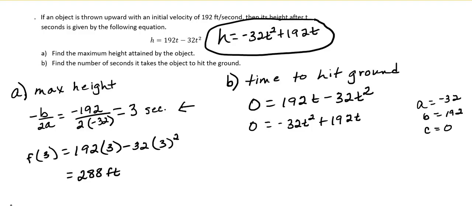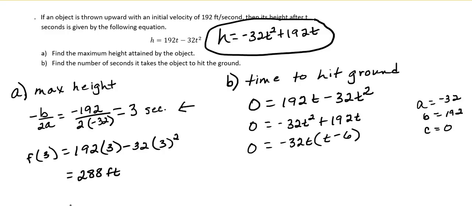But what I'm going to do here is I'm going to factor out a greatest common factor, and I can use my calculator to see if 192 is divisible by 32, and it is. So I factored out my greatest common factor of -32 times t.